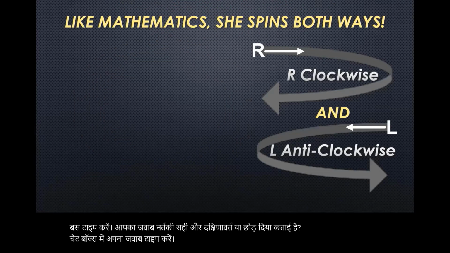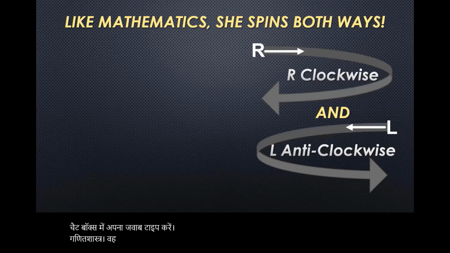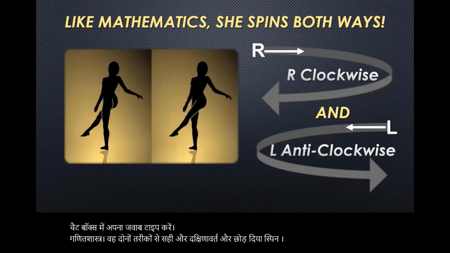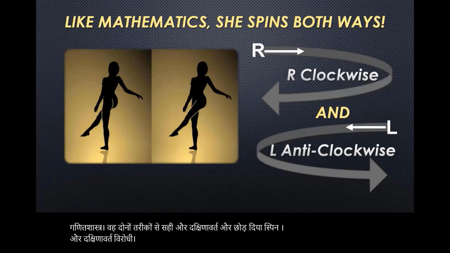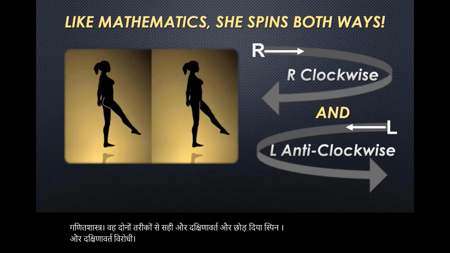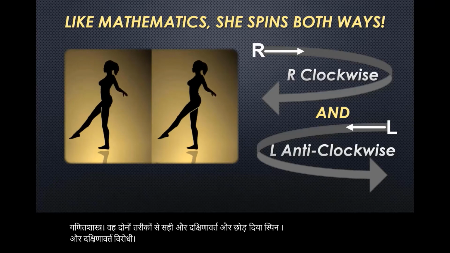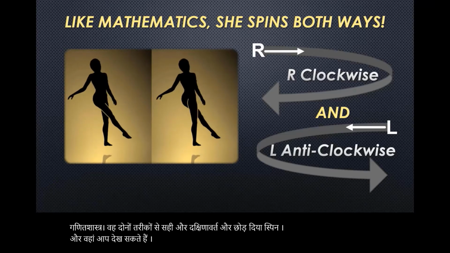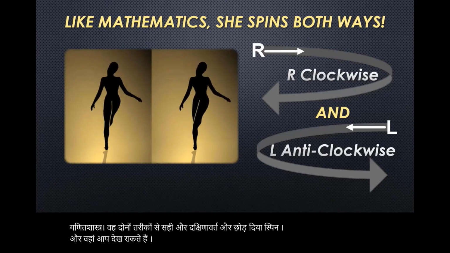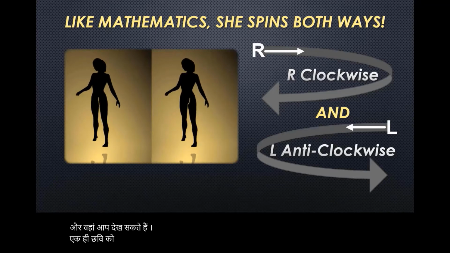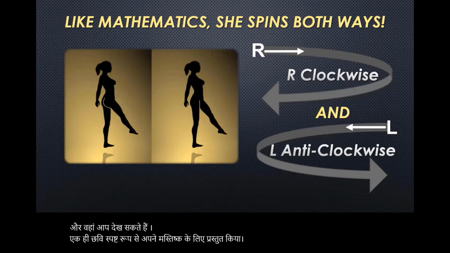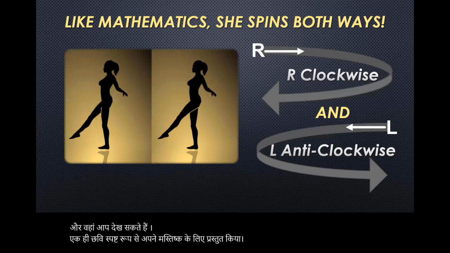Like mathematics, she spins both ways, right and clockwise, and left and anti-clockwise. And there you can see the same image clearly presented to your brain, spinning in 2 different directions.